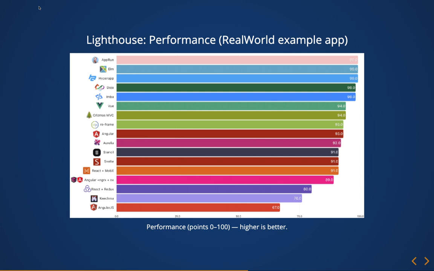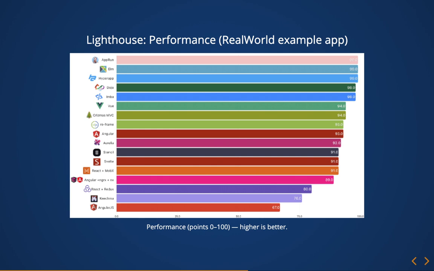And as we all know, Lighthouse returns a score, and that score is based on a bunch of different things like time to first paint, time to first content paint, and time to CPU idle and whatnot. And as you can see, Svelte is somewhere around here in the middle, but as a rule of thumb, never trust anything you read on the internet.